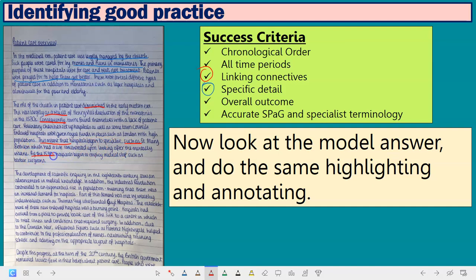By the 1570s, hospitals began to employ medical staff such as barber surgeons. So we've got there lots of linking connectives and lots of specific knowledge. I would also have annotated between them that we have some chronology here.